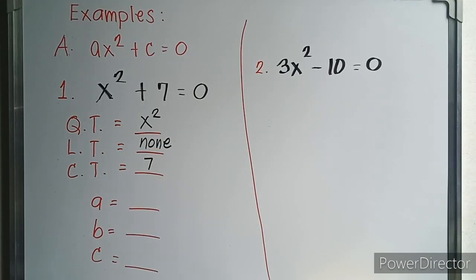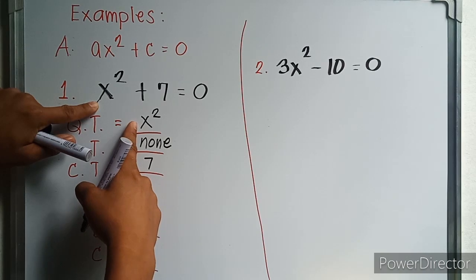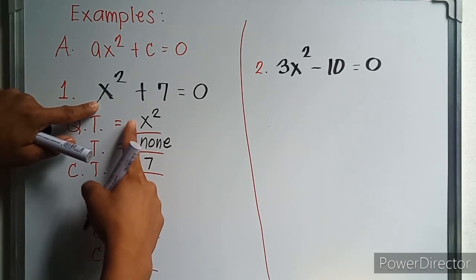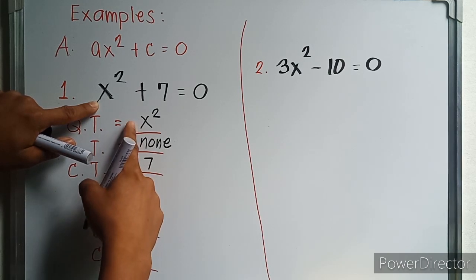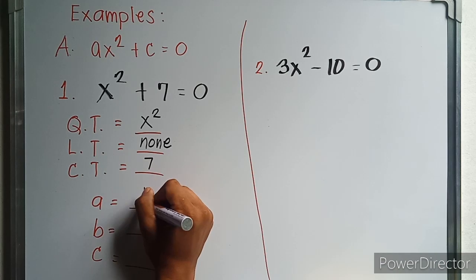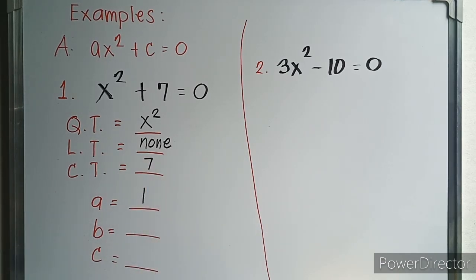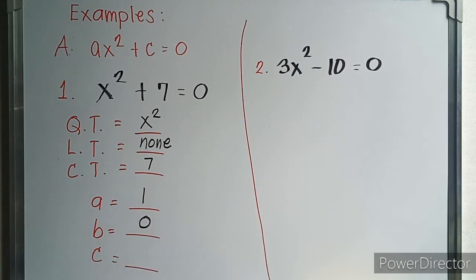Then for the coefficients, what is the coefficient of our quadratic term? For x squared, always remember that if there is only a variable, the numerical coefficient of x squared is 1. Then we don't have a linear term for b, so we have 0. And for our constant, we have 7.